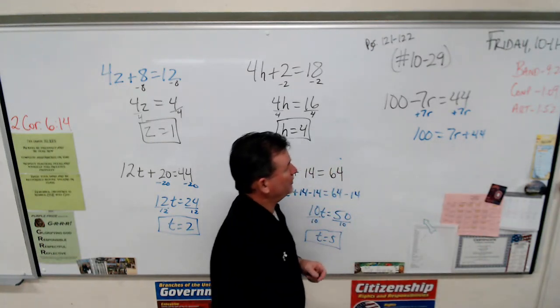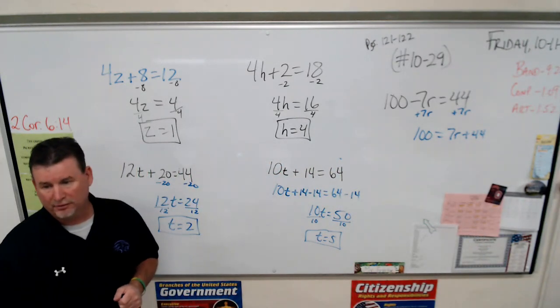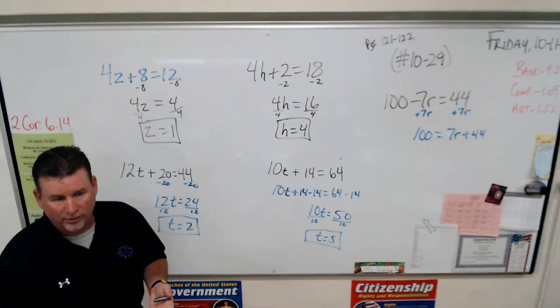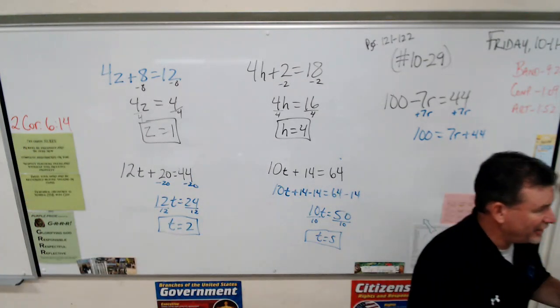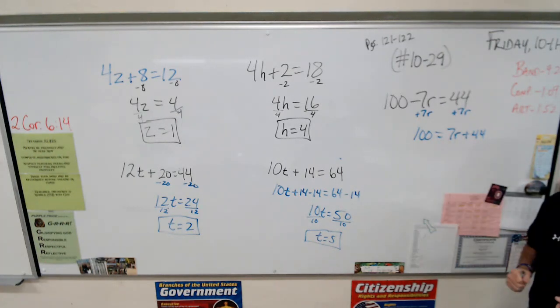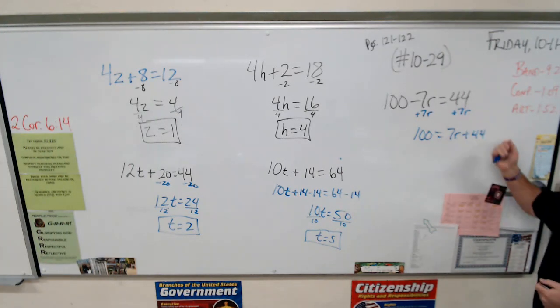I could turn that equation into that. Raise your hand if you have a question. What did I do? It was a negative 7r, so I added 7r to both sides.